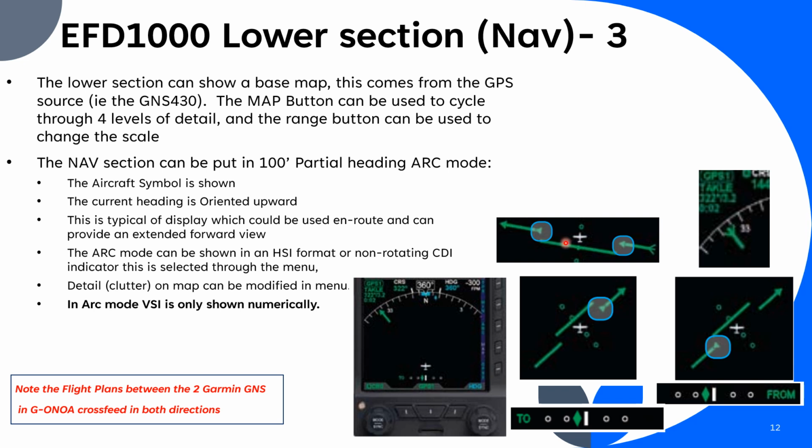Just looking at the to and from indicators, you can see here this is a to indication as the arrow is pointing in the same direction as the CDI. If there is a from indication, you'll note here that the arrow is pointing away from the course direction indicator.